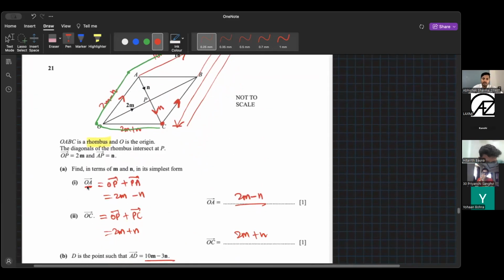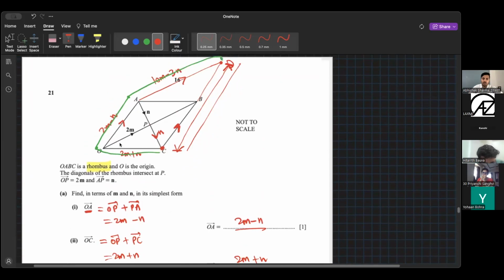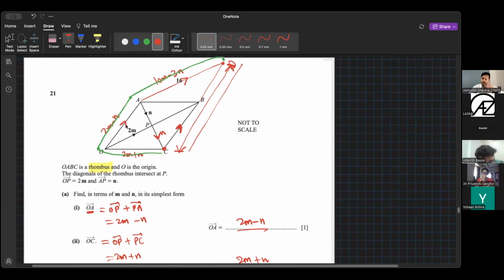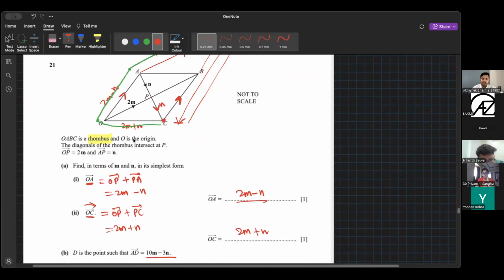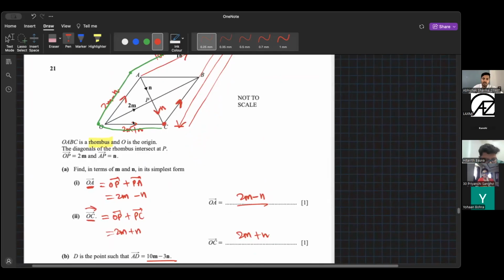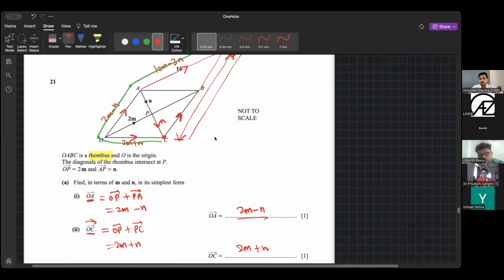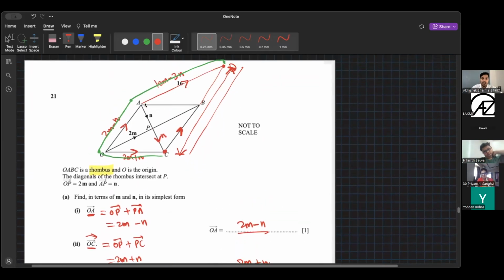OA, when it was written OA with an arrow, O to A means towards that side. OC, you can see the arrow here. O to C. So the arrow will be here, O towards C. It will be the same for A to B. When we say A to B, it will be like this.